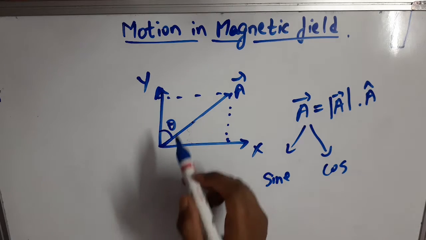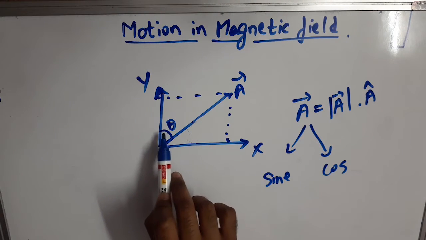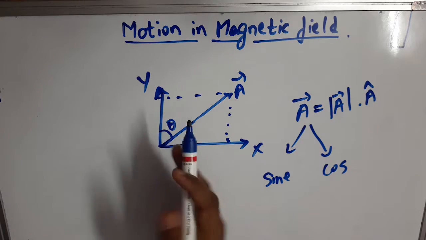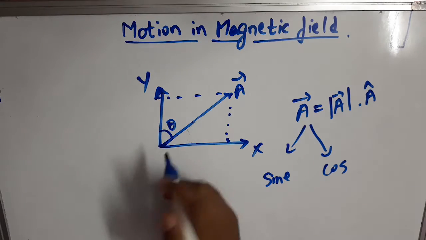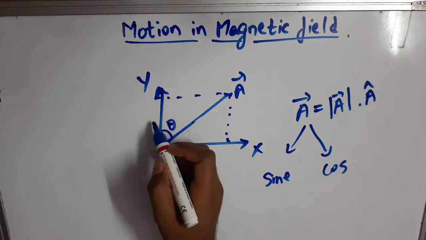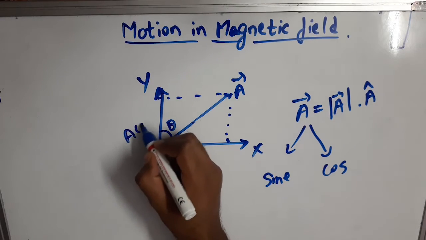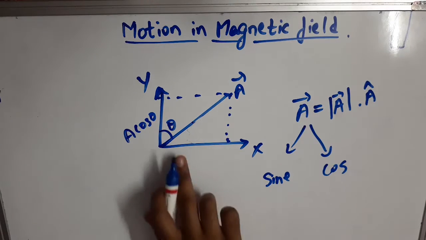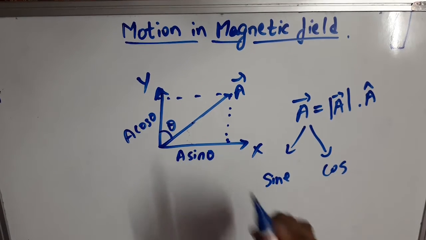The component on the side of the axis from which we have taken the angle, that is the y-axis, so from the y-axis we have taken the angle theta, would be the cos component, and we write it as a cos theta. The other component would be the sine component, and we write it as a sine theta.